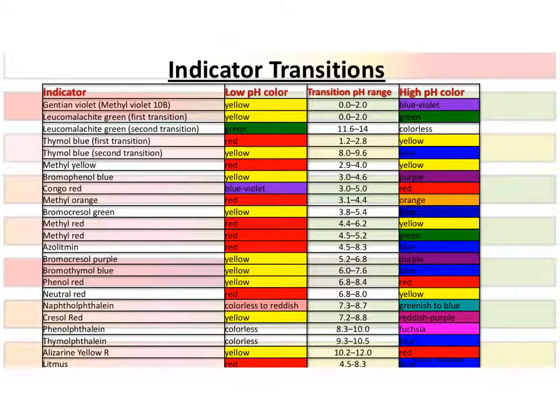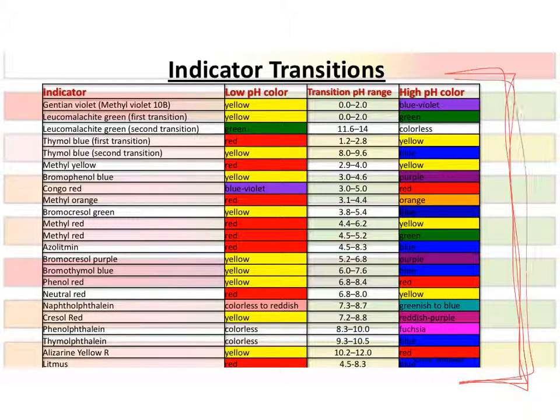All right, here's a chart that shows us a bunch of different indicators and their transition ranges, their low and high pH colors. I show you this because I just wanted to make a small note. First off, there's a bunch of indicators to choose from, right? So that's one point I wanted to make for a bunch of different titration situations.